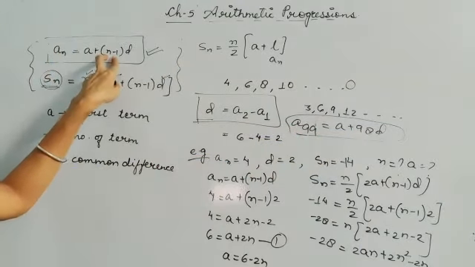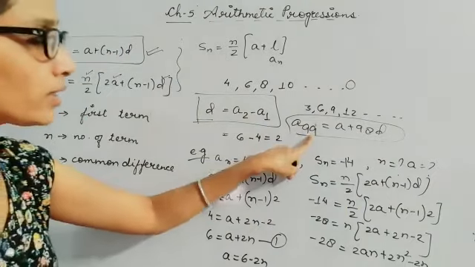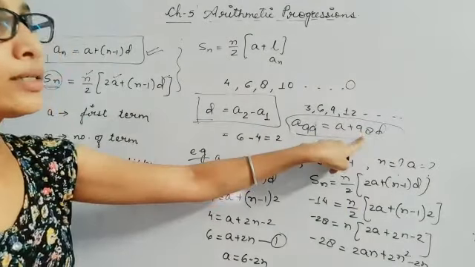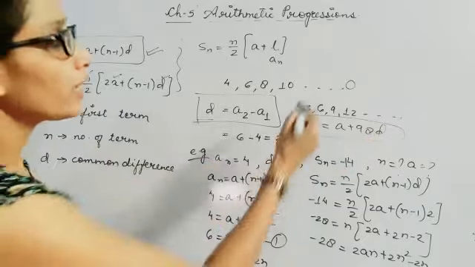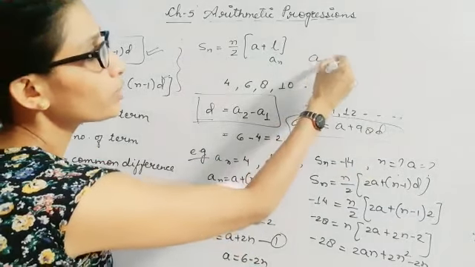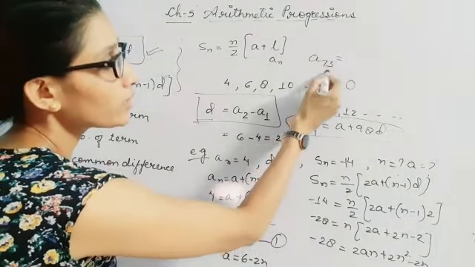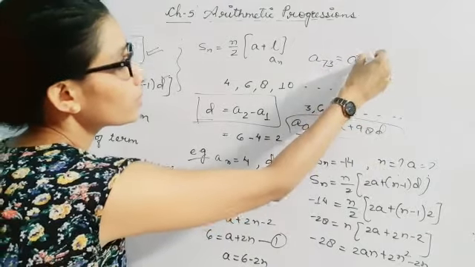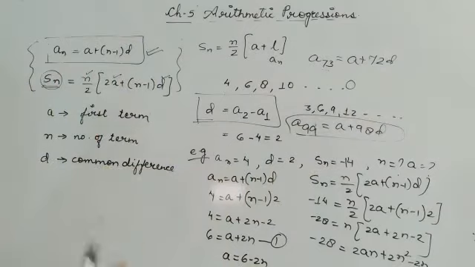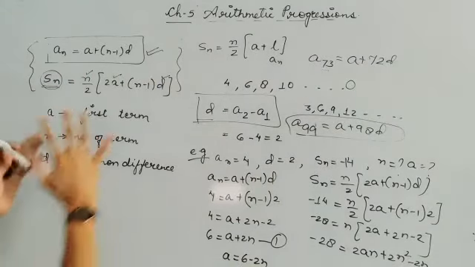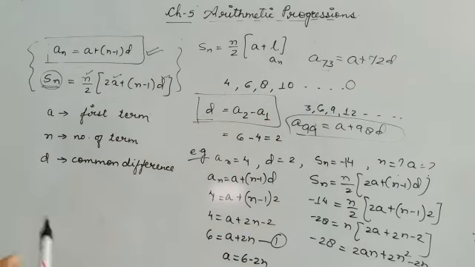Every time you write n minus 1 with d, that means whatever n is, you take 1 less than this with d. So a plus 98d. If you want to find a73, that means the 73rd term, then you will always write it as a plus 72d and so on. So just by remembering these two formulae, you can do this chapter successfully.